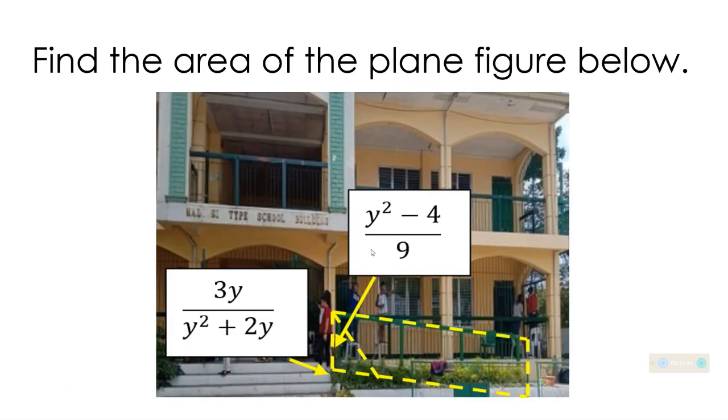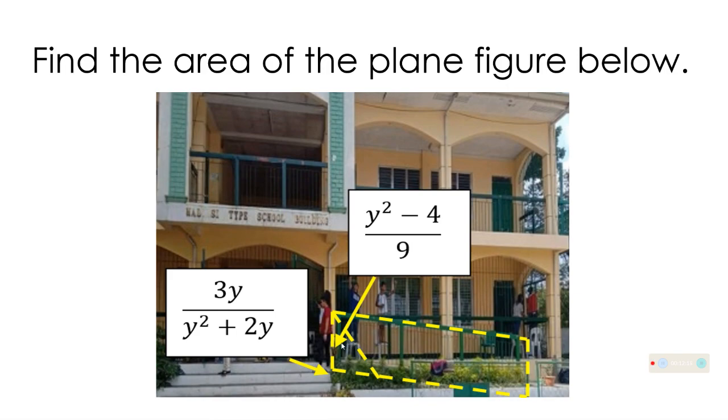For the last one, I have here the Maliksi type school building. So we have here the brace of our fence, steel fence. So we have here the figure, but you are going just to apply. I have here a line and I formed a triangle. So still you are going to find the area of a triangle by applying 1/2 BH.